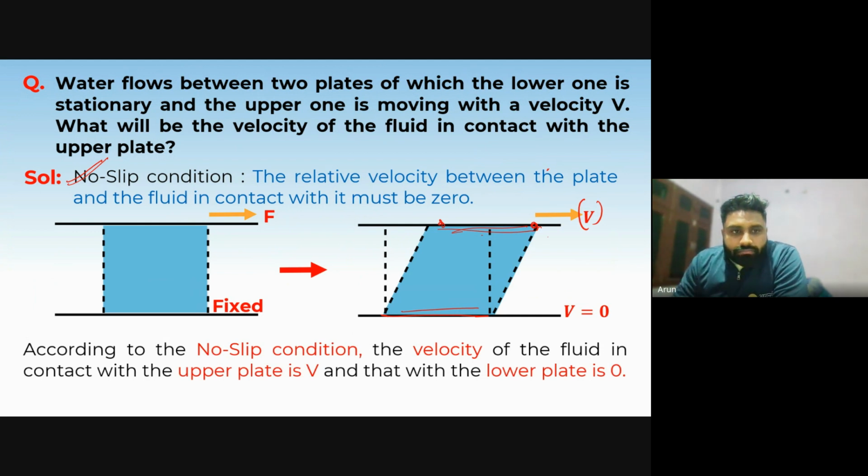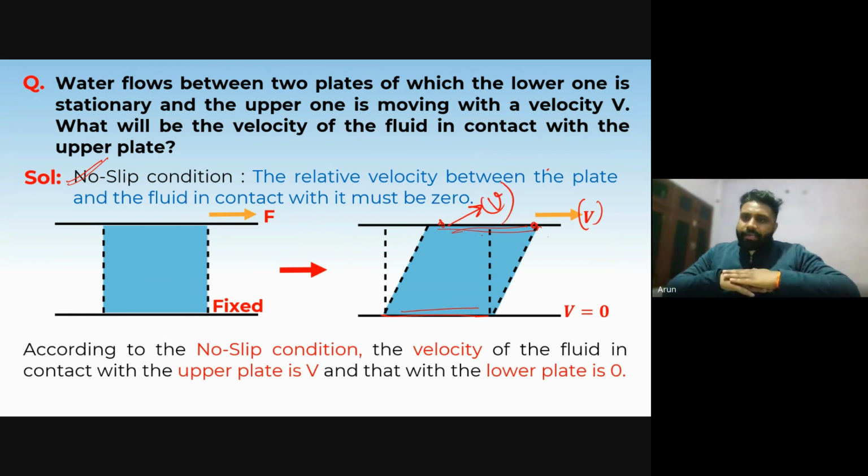And the upper plate is moving with v. Look at the question. The lower plate is not moving. The upper plate is moving with velocity v. And we know that to make contact with the liquid, there is the no slip condition, which means the relative velocity between the contact layer and the plate is 0.